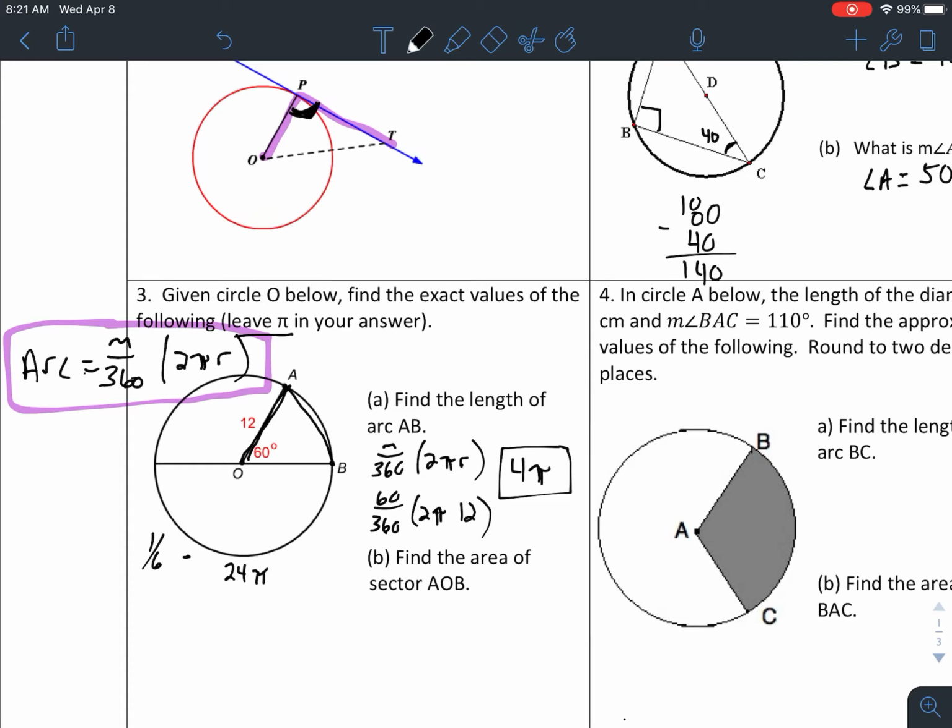Now they're telling us to find the area of sector AOB. So let me just look and remember how we found our area of a sector. So we want to find out how much area that is. Okay, so checking back in our notes to see. We got arc length there.